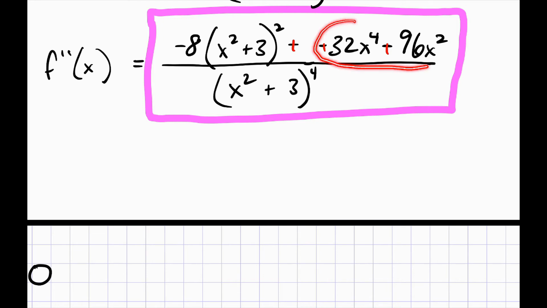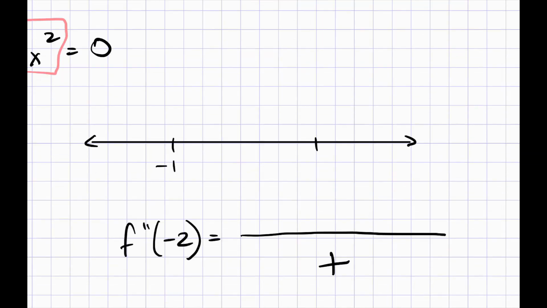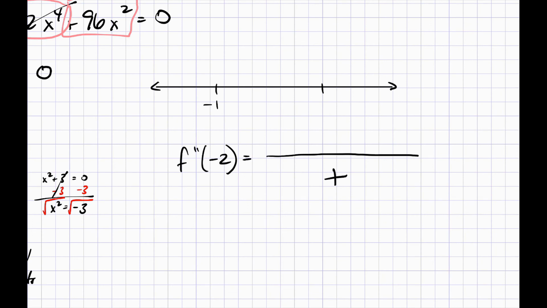This side's going to be a lot bigger than this side when all is said and done, because this is 16 times 32. 16 times 32 is 500 something. And then 4 times 96 is just under 400. So this side over here is going to be bigger. The positives are going to win out. So it's positive over a positive, and positive divided by a positive makes a positive.